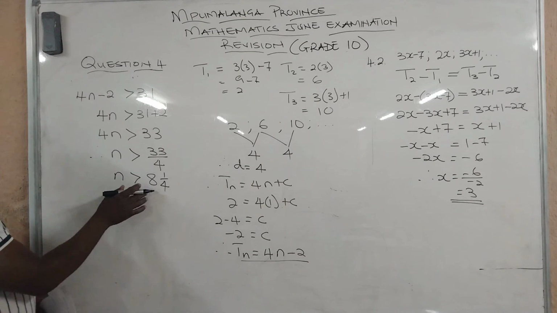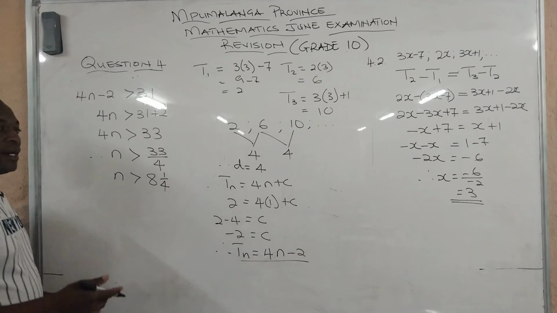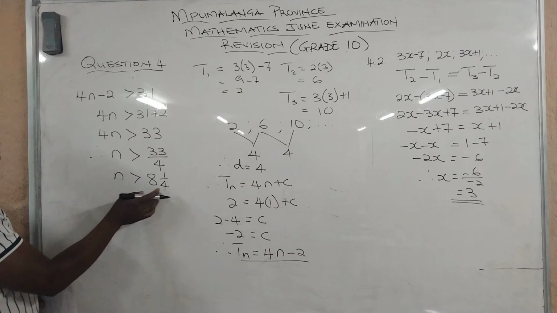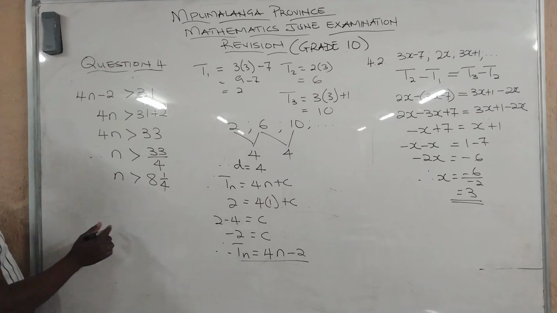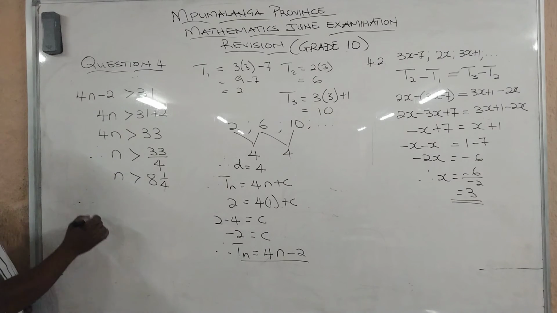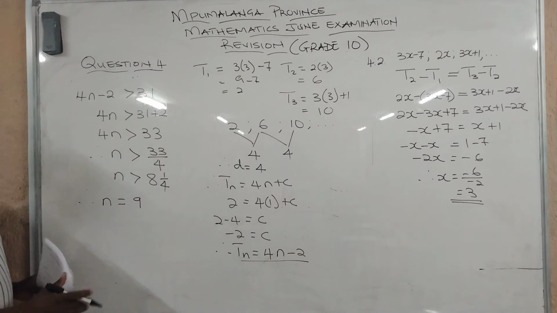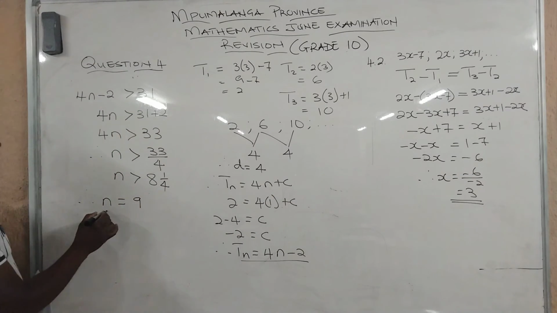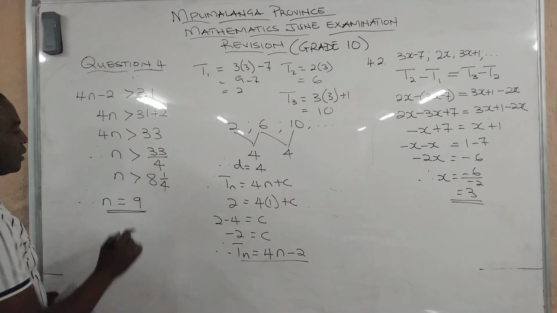So if n should be greater than 8 1/4, remember the positions are whole numbers. Alright? So positions are natural numbers. So that means n should be equal to 9 for us to have a term that is greater than 31. The first term will be when n is equal to 9.